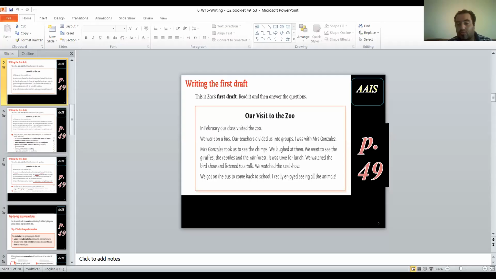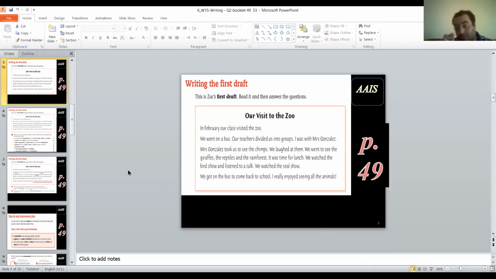Let me share my screen. Yes, here. So this is the page, and you're going to just read the passage, the selection, then answer some questions on the same idea.